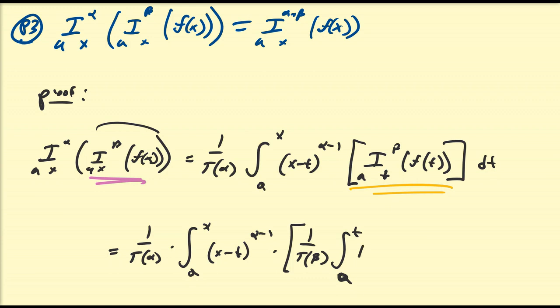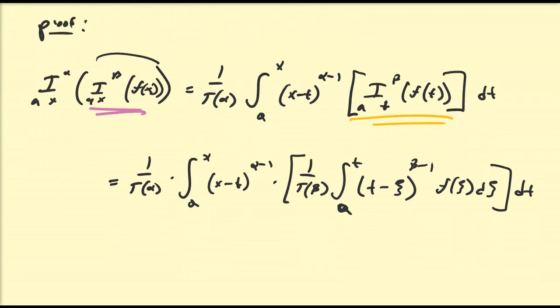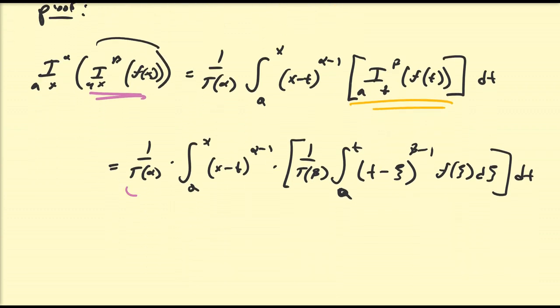And that's going to be, so let's switch our variables to, say, psi. So (t minus psi) to the beta minus 1, f of psi, d psi, dt. All right, so what do we have here? So we have 1 over gamma alpha, 1 over gamma beta. Those are both constants. We have some integrals here, and we can sort of rearrange our integrals using our standard Calc 3 tricks.